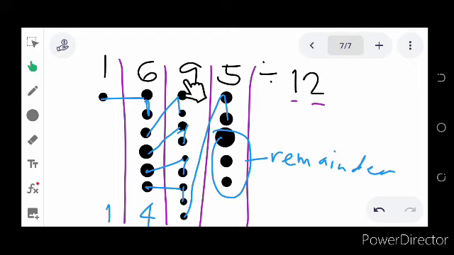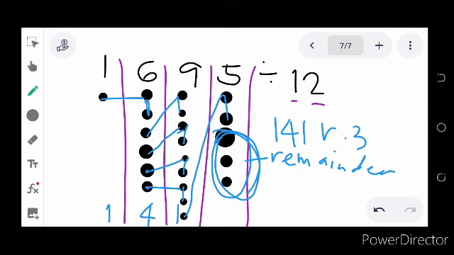So the only connection that started in this column is this one here going there. So you only have one. Now, no connection has been started here. Do not write anything. So therefore, your answer here is 141 remainder 3 because of the three dots that have been unconnected.